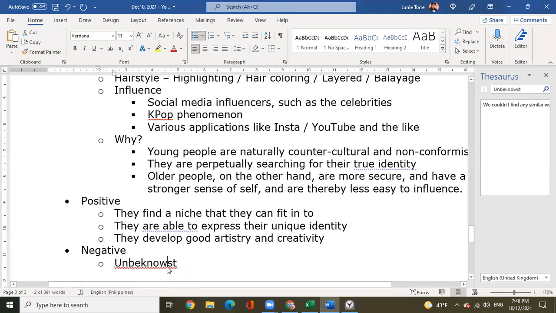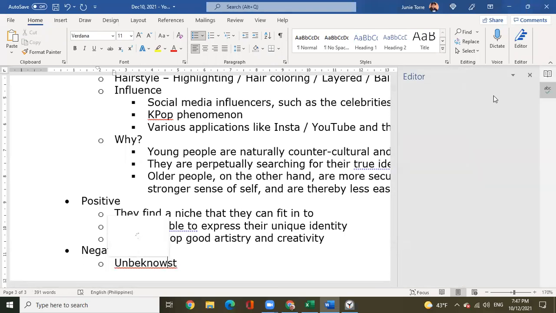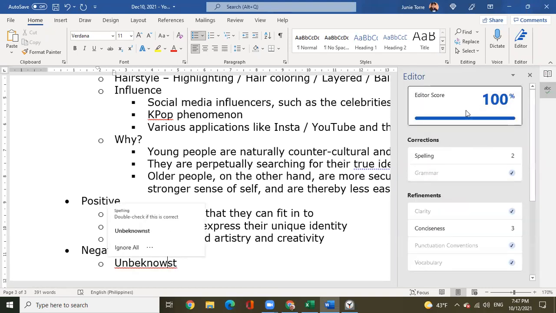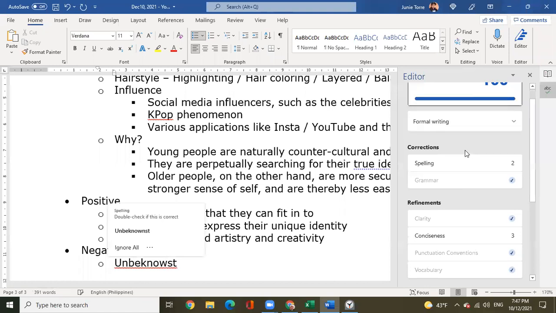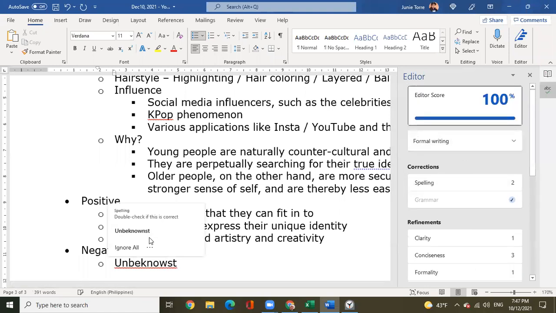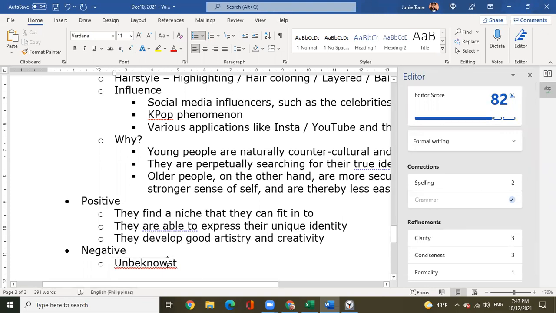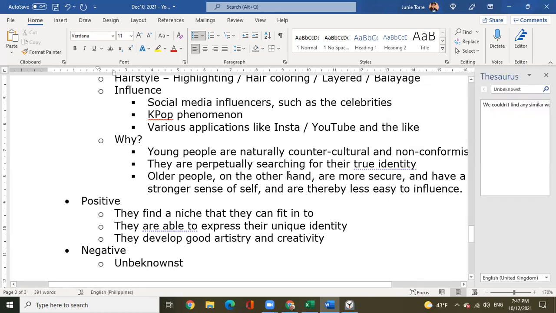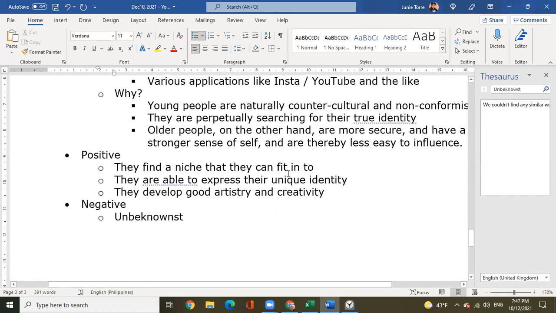I'm cheating. Can you correct that for me, editor score? There. Unbeknownst. I cheated, by the way. Okay. Unbeknownst to the younger generation.